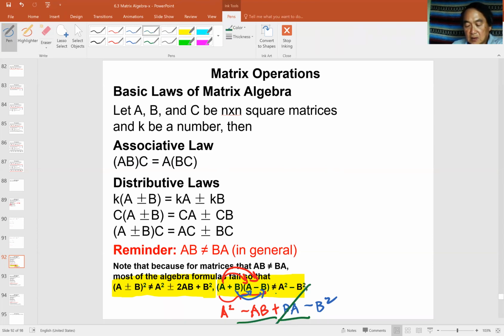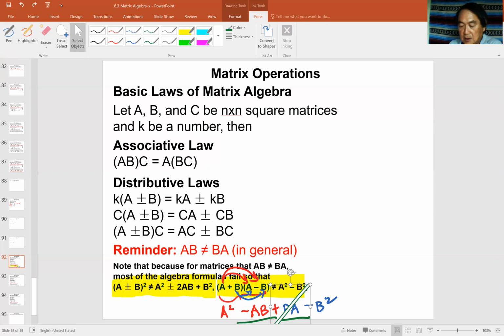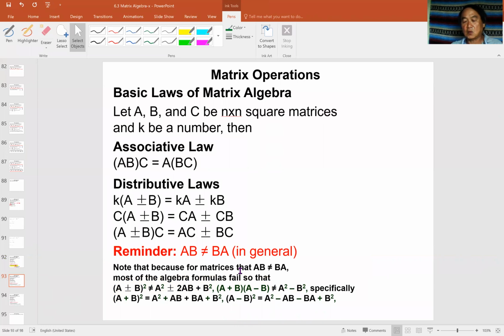So I can cancel. Here, no. We don't have AB and BA to be the same. So in general, it is not true. Hence, A plus B times A minus B is this product. It's A squared minus AB plus BA minus B squared for matrices in general.